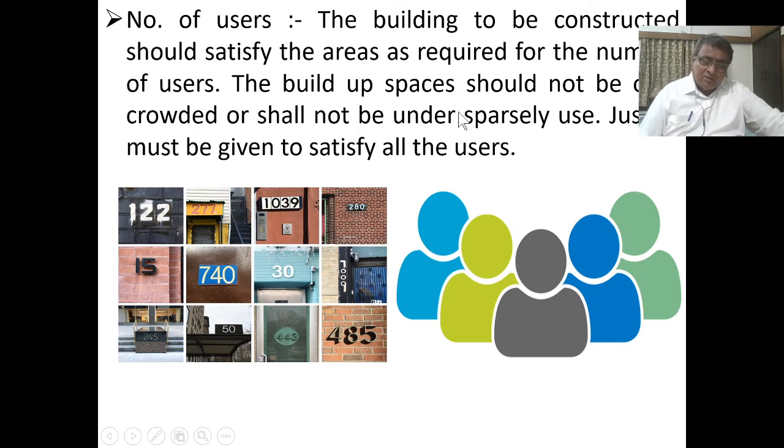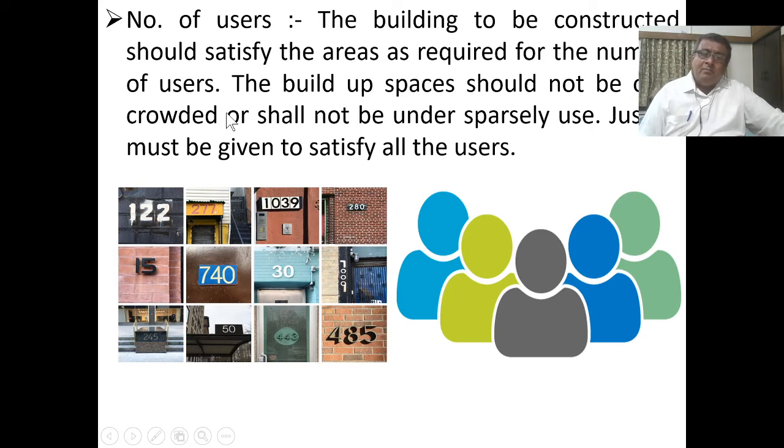Suppose there are 5 members in a family, so there should be rooms according to the 5 members. Suppose husband and wife have 3 children, so one room for each child and one bedroom for husband and wife. I am talking about a bungalow.